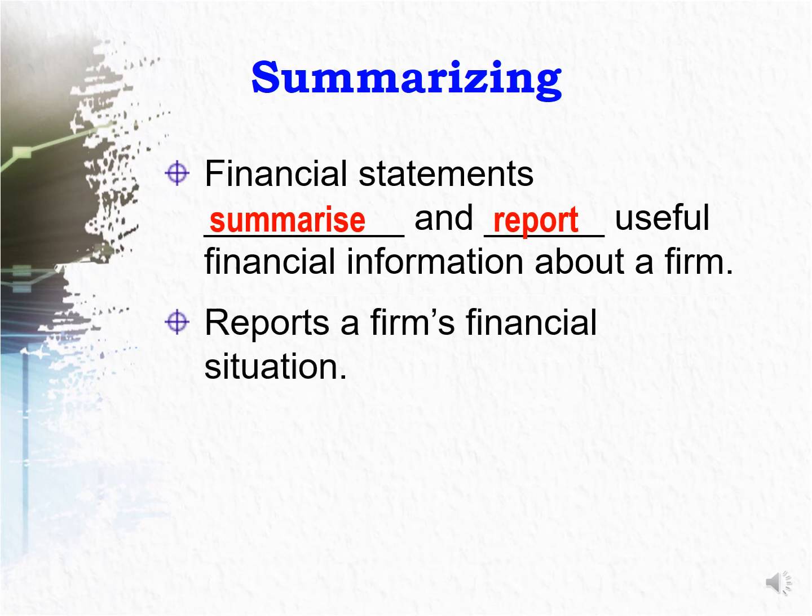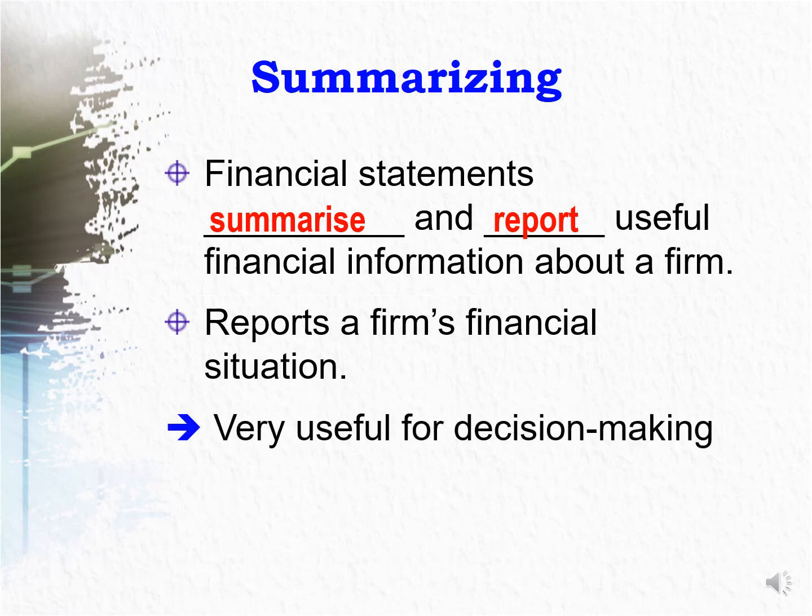We can use the financial statement to report the firm's financial situation for the period, maybe for a year. All this information is very useful for decision making. For example, if you calculate that we get a net loss for this year, we have to think of a sales strategy or cost cutting. Maybe you spend too much, so you have to control the cost.